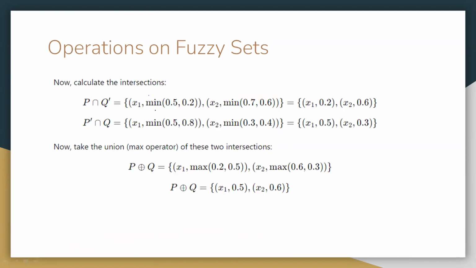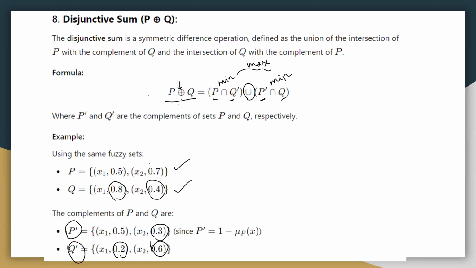Now we have to take the intersections with the opposite complements. The first value in P is 0.5 and in Q's complement it is 0.2, so we take the minimum for intersection.